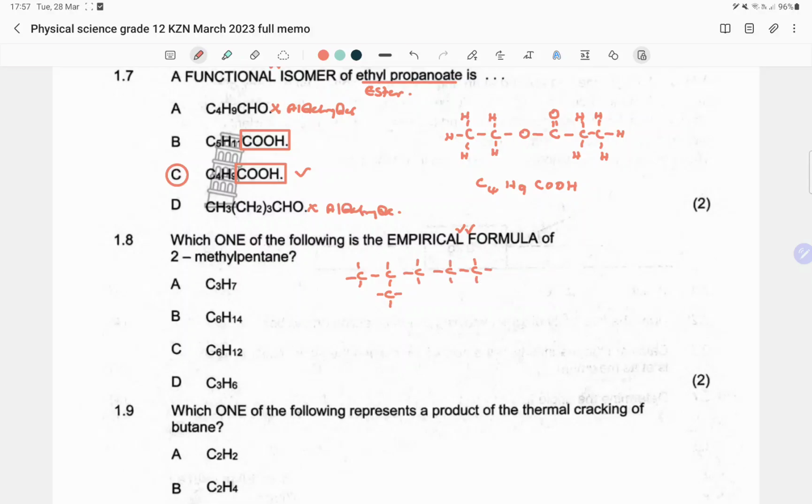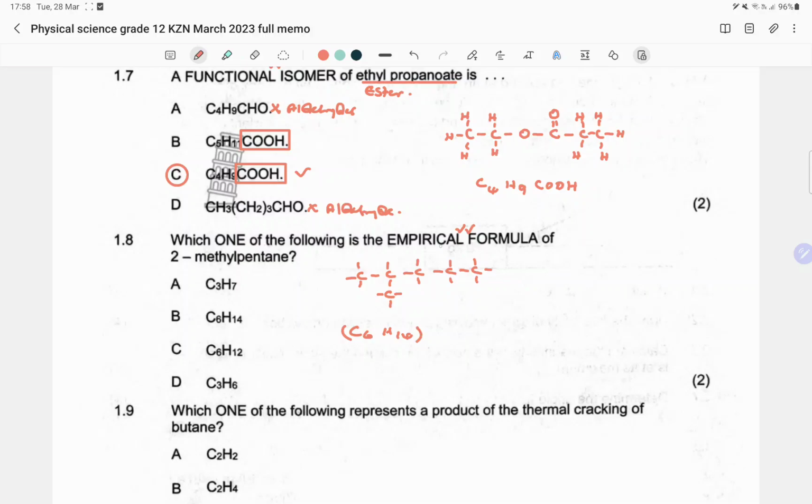So basically this is C6. 1, 2, 3, 4, 5, 6. So we've got C6H 3, 6, 7, 9, 11, 14. So that is the molecular formula that we can make up.